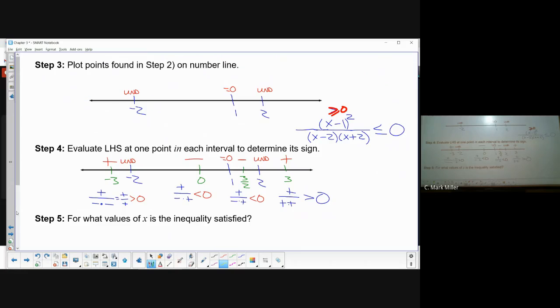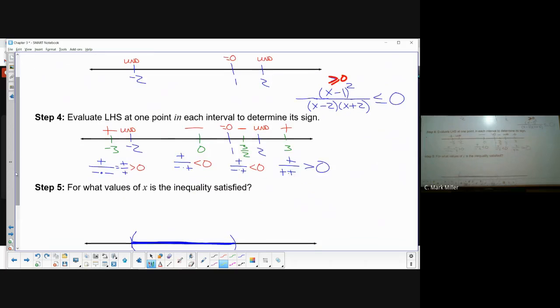So here, we are going to plot. We're going to pick 1 point in each interval. We have 3 points, excuse me, that divides the number line into 4 intervals. 1, 2, 3, 4. Inside each of those intervals, our expression cannot change signs.